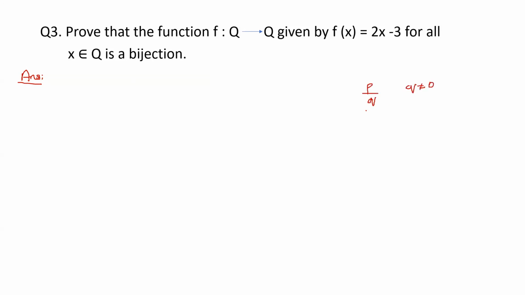So all the decimal numbers are included here. All the fractions are included here. Rational means decimals will come.